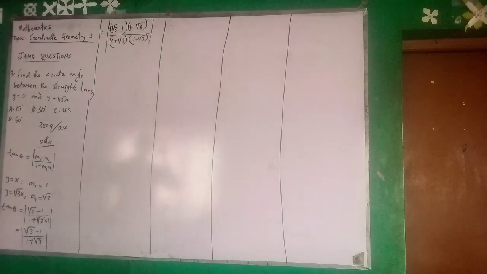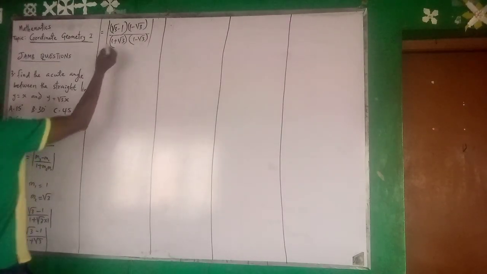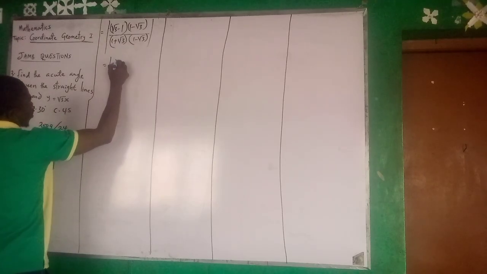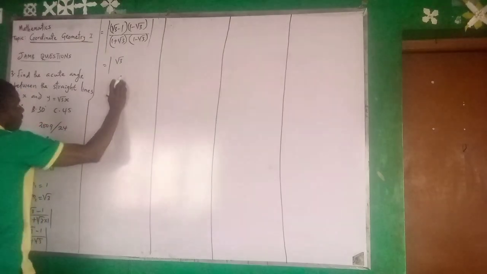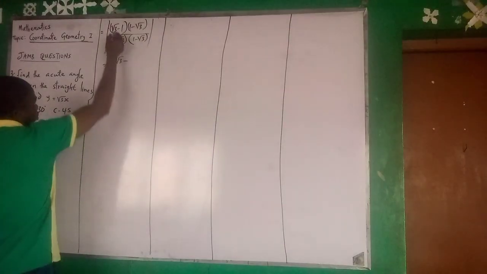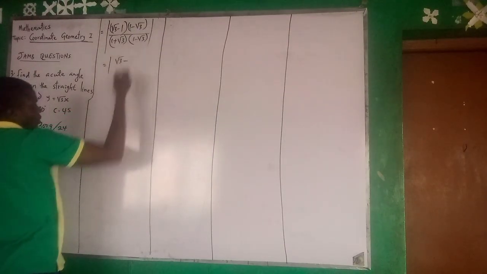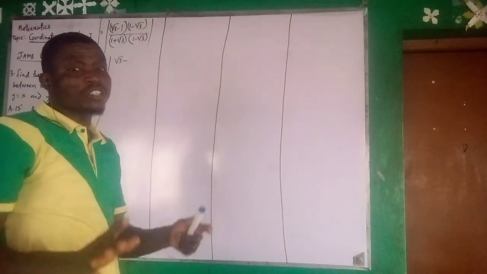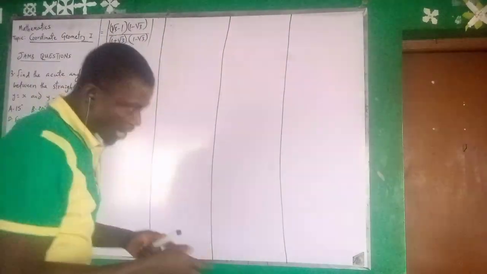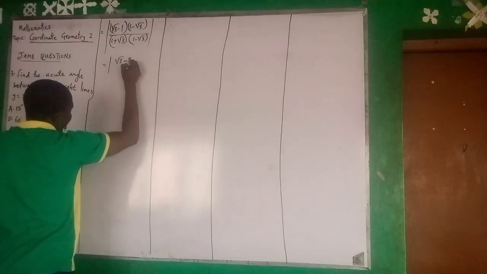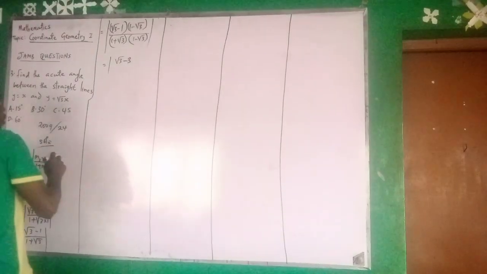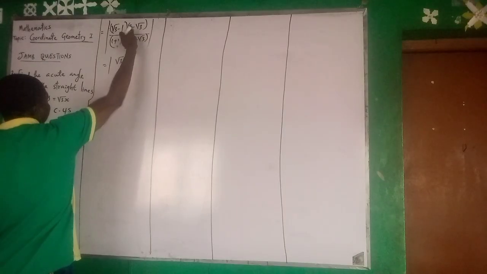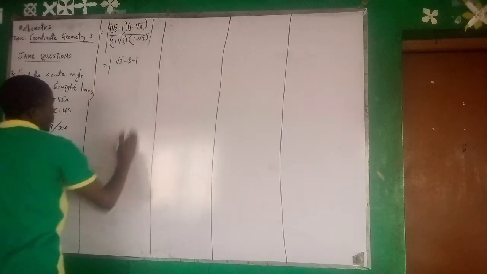Then you can multiply, right? So root 3 times 1 is root 3, minus root 3 times root 3. When surds of the same number multiply each other, you get the number, right? So you are getting 3. Understood? Okay. Now minus 1 times 1 is minus 1, right?